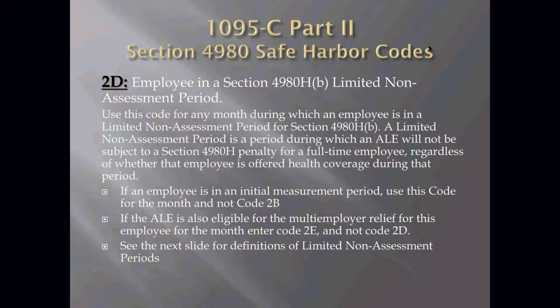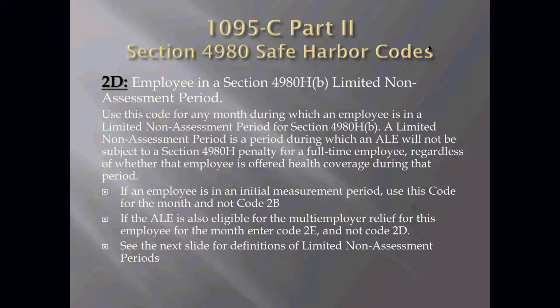If the employee is in an initial measurement period, use this code for the month and not code 2B. So again, this is the code for your new employees. If you have a 30 or 60-day waiting period, this is the code that would go in for those months the employee was waiting to get coverage.